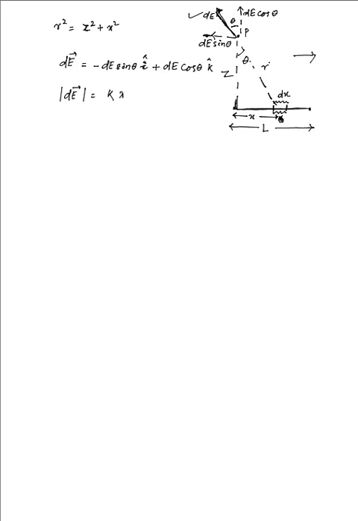The linear charge distribution here is lambda, so lambda times dx gives me the dq amount of charge contained in it, divided by the square of the distance, that is r squared. Now r squared is obviously z squared plus x squared. I'm writing it directly without any hesitation, as we have done this previously.